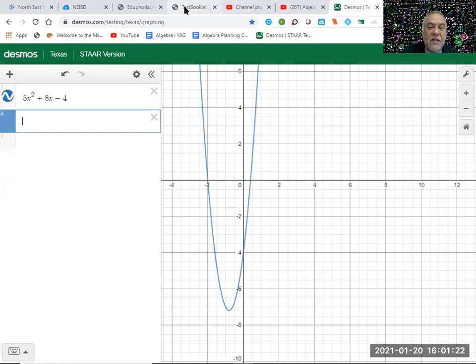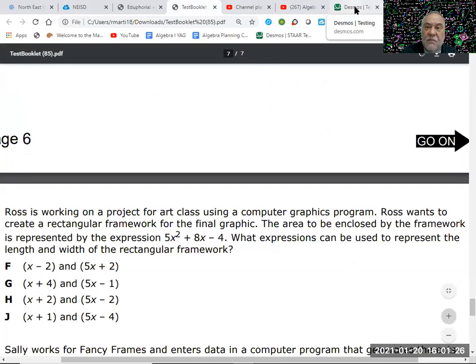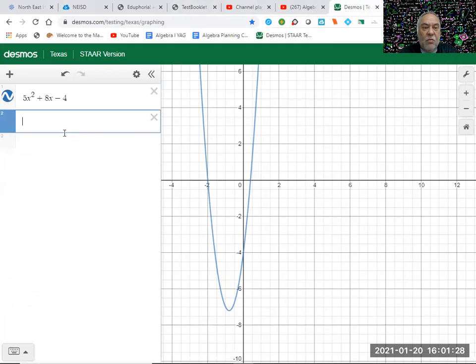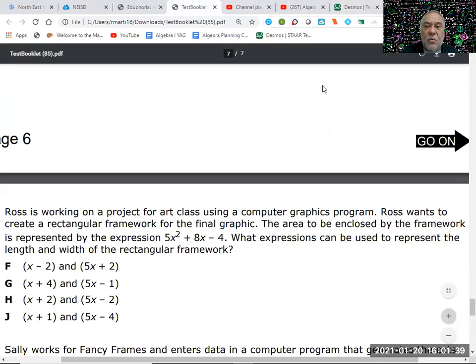Let's look at the next one, x plus 4. If the first one doesn't work, then it doesn't matter whether the second one works. They both have to go through. So x plus 4 doesn't work. Let's try the next one, x plus 2.